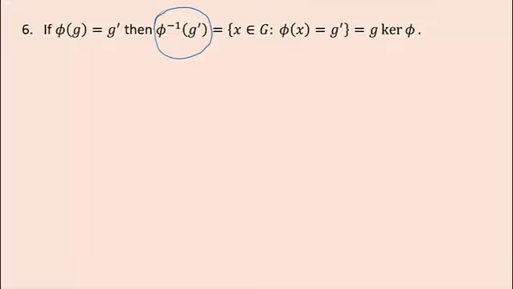We have no idea if there is a phi inverse. What this is, and let me write it out in words, is the inverse image of G prime. In other words, it is the set of all elements in capital G that map to G prime.